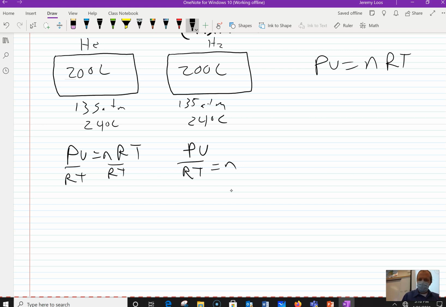Everything is in the right unit already except for the temperature, so that's pretty good. 135 atmospheres times the volume, which is 200 liters, divided by 0.0821 times the temperature. 24 Celsius is 297 Kelvin.